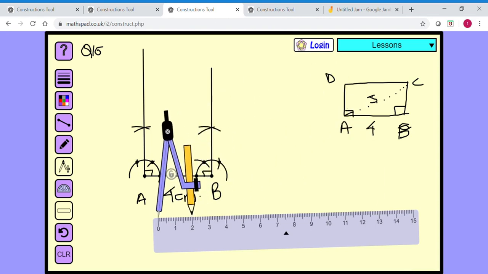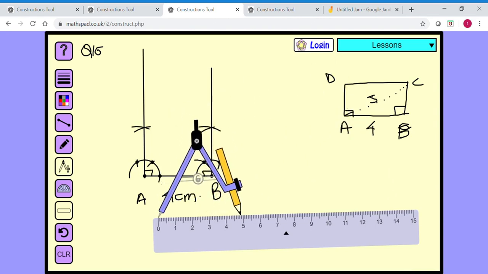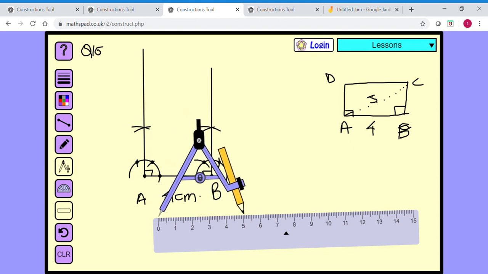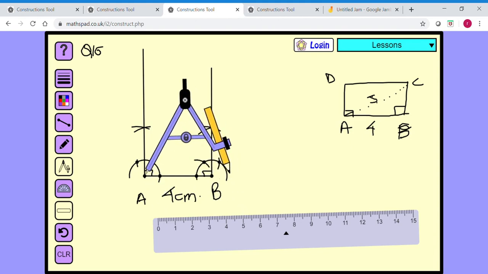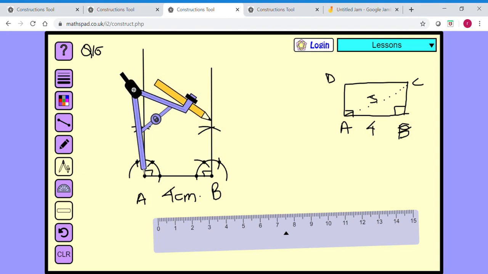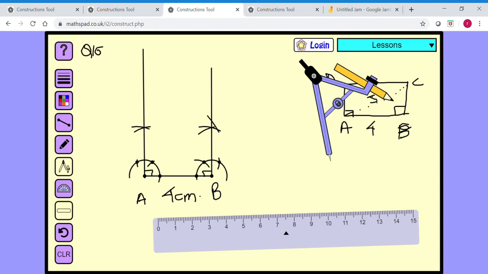So I keep it at 0 and I measure 5 centimeter. Perfect. I keep my compass at A. Have I measured properly? Yes. I keep it at A and I cut this 90-degree line at a point which will make an arc of 5 centimeter. So this point that I've got now is point C, and this distance is 5 centimeter.